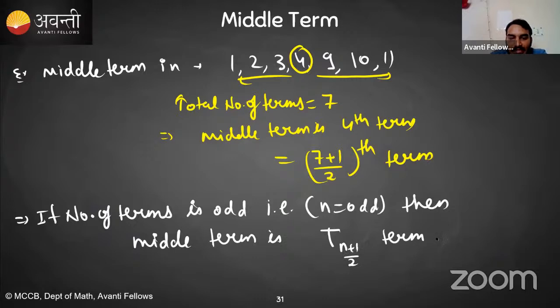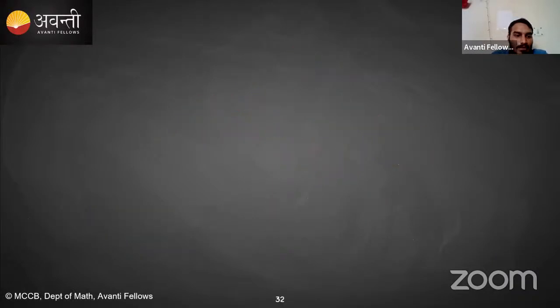Clear? Very easy, right? If n is odd, then the (n plus 1) by 2th term will be the middle term. Clear?